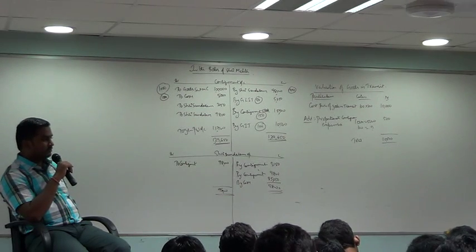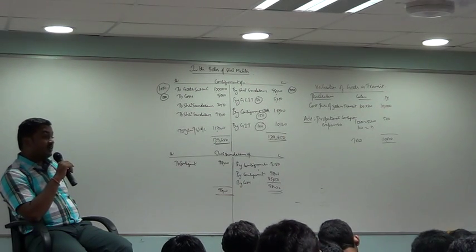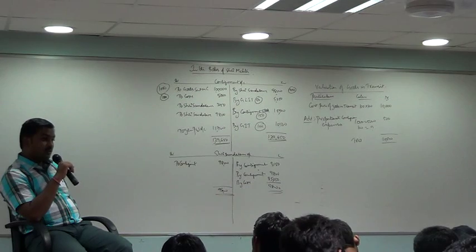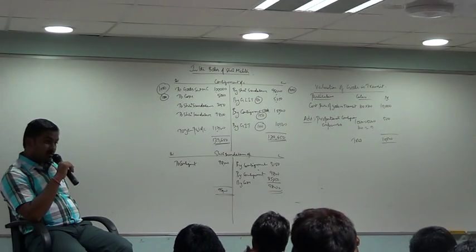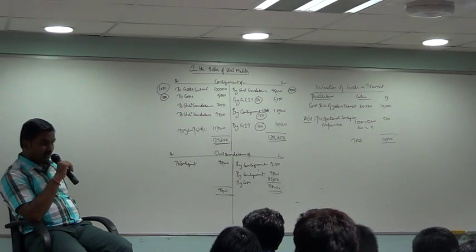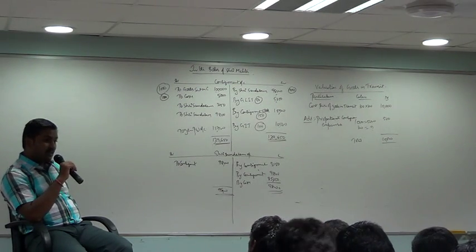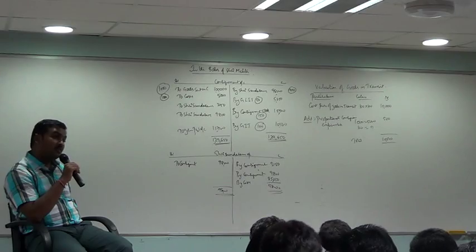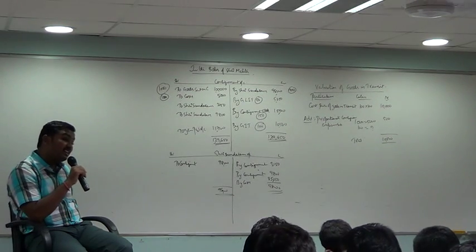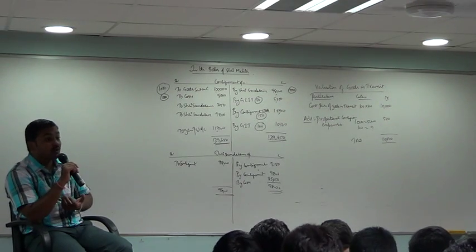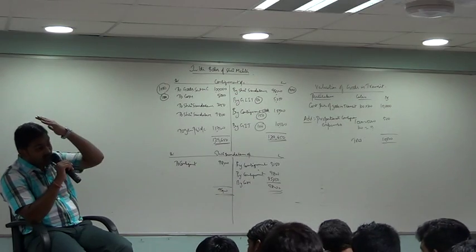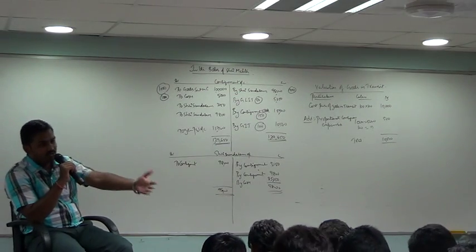So an exam question will come. When del credere commission is allowed, who will suffer the bad debts loss? The answer you will say is consignee. Where will the consignee transfer that loss? Commission account. Net of bad debts, whatever income is left, it will be transferred to his profit and loss account. Whose profit and loss account? Consignee's profit and loss account. Continue.